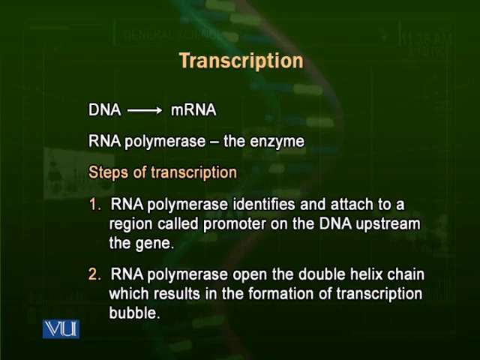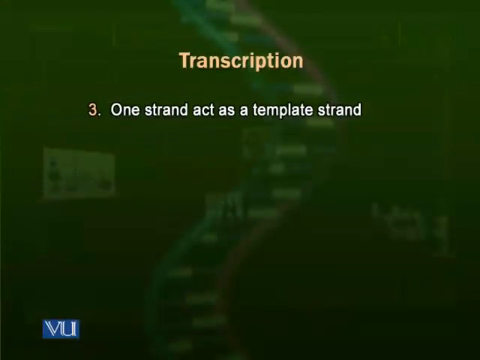We know that RNA is a single-stranded molecule and DNA is a double-stranded molecule, so only one of the strands of the DNA is coded by the RNA polymerase into a messenger RNA molecule. Only one strand of DNA has to act as what we call a template strand. It acts as a template complementary to which a messenger RNA molecule is formed.